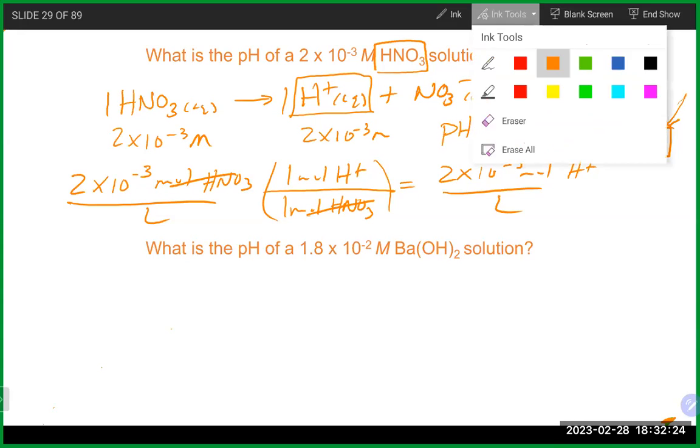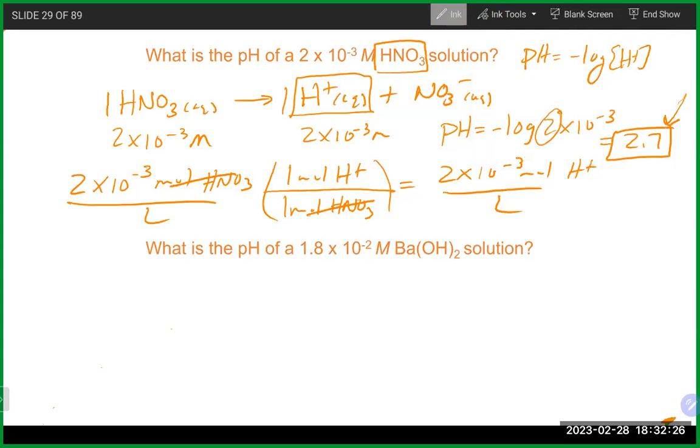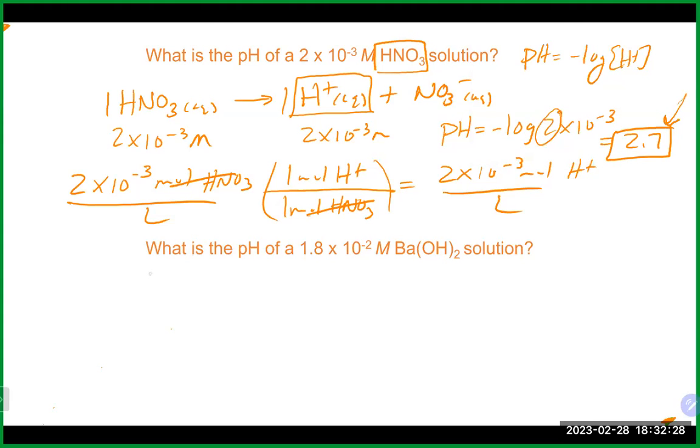Looking at the bottom one, which is a strong base, barium hydroxide. Our barium hydroxide is also going to 100% break apart into a barium ion and a couple of hydroxide ions.